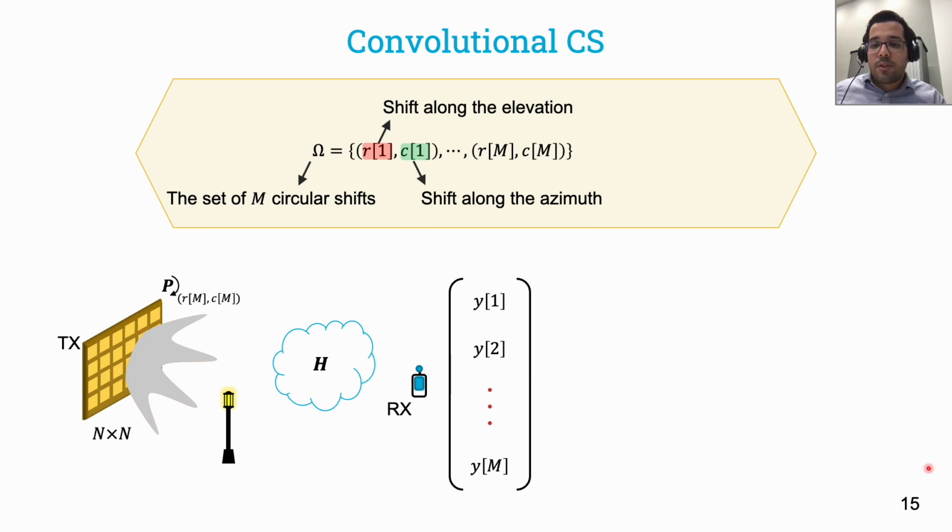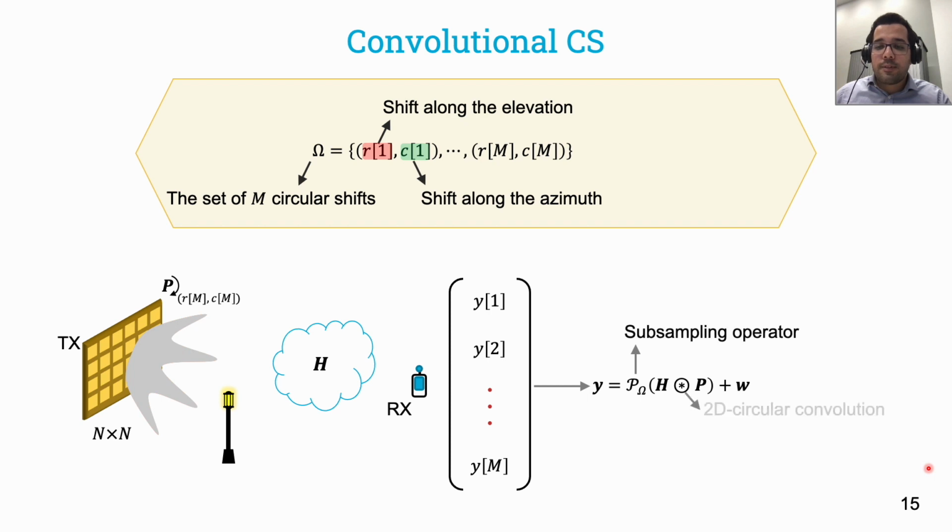Because of using circular shifts of p to obtain the measurements, we can write the M measurements in compact form as the subsampled version of the circular convolution of the channel matrix and that code word plus the vector of noise. This is where compressive sensing comes in, because we are acquiring a subsampled version of the channel circularly convolved with the code word. So this calligraphic P sub omega denotes the subsampling operator over here.